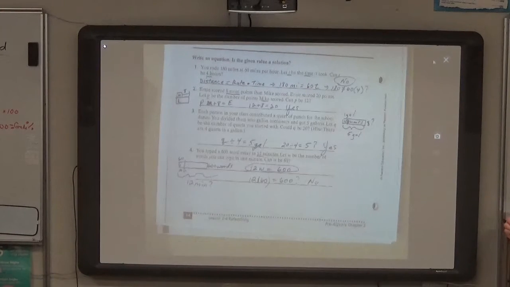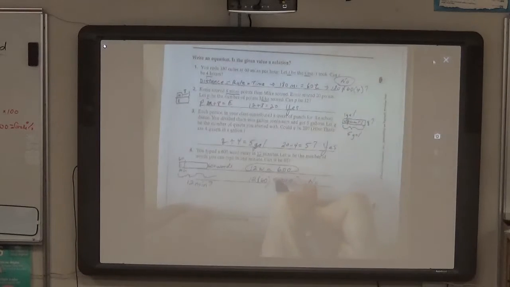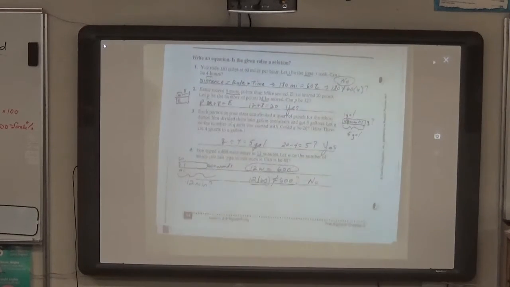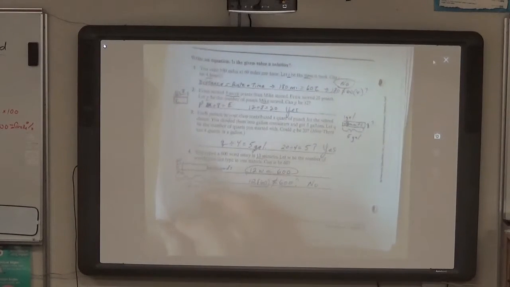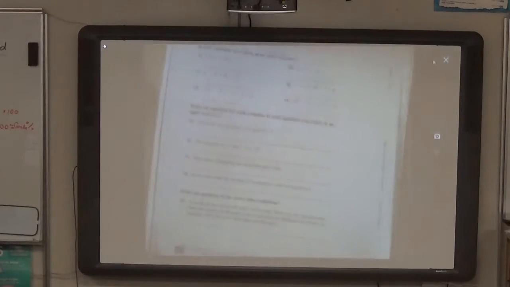Follow through the equal sign, meaning that 12 times 60 does not equal 600. When the equation does not equal the given amount, put a slash through the equal sign to show that it's not equal. Yeah, the slash is cool.